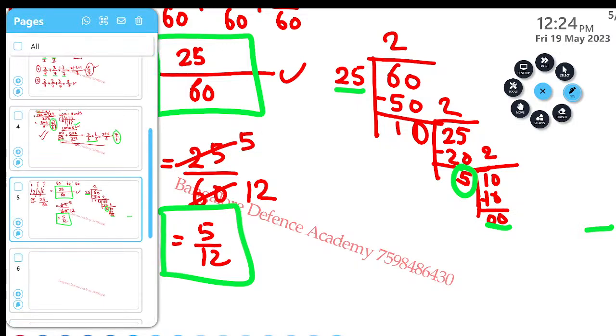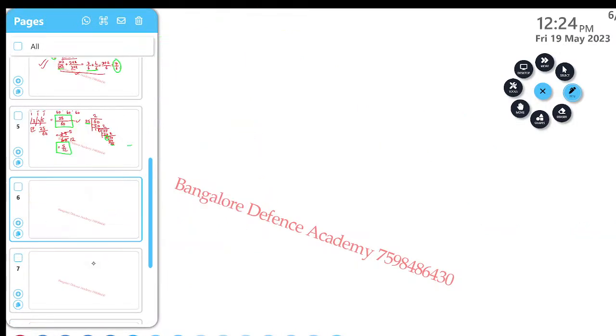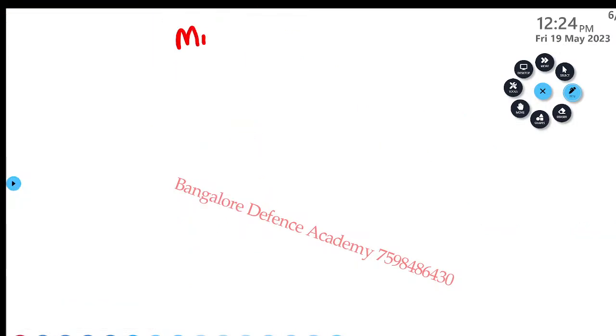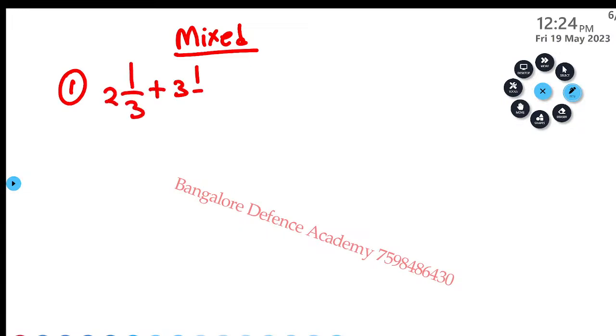Now this is a simple fraction. Now let us go with the mixed fraction kind of question. Mixed fraction in the sense, imagine I gave you 2 1 by 3 plus 3 1 by 10 plus 2 1 by 12.